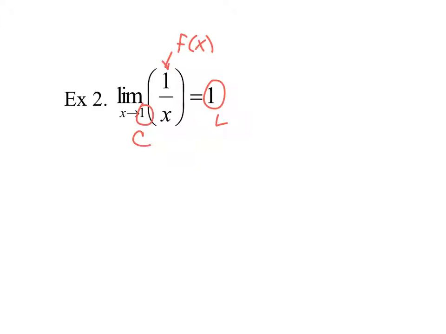But when you are comfortable, you probably shouldn't need to. But anyway, we're looking at 1 minus delta less than x less than 1 plus delta. All right, that's the C minus delta, C plus delta.